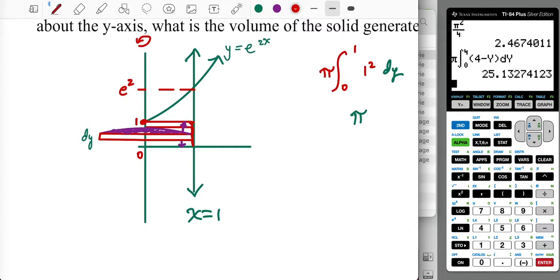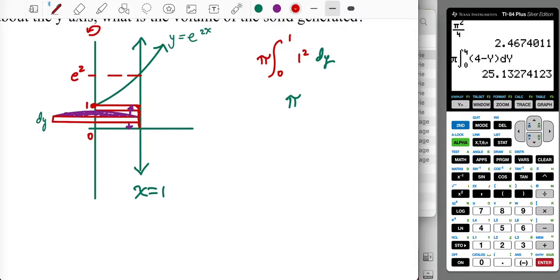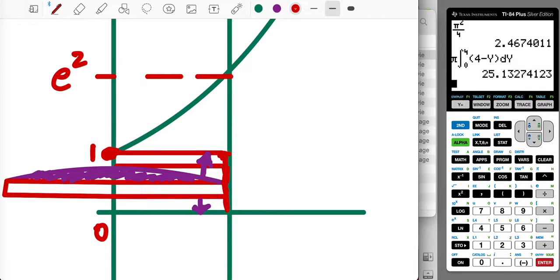So I now know that if I want to find the volume of this piece spun around the y-axis, I'm going to need to figure out the outer radius, which isn't much of a challenge because we already know that. Let me get a different color here.